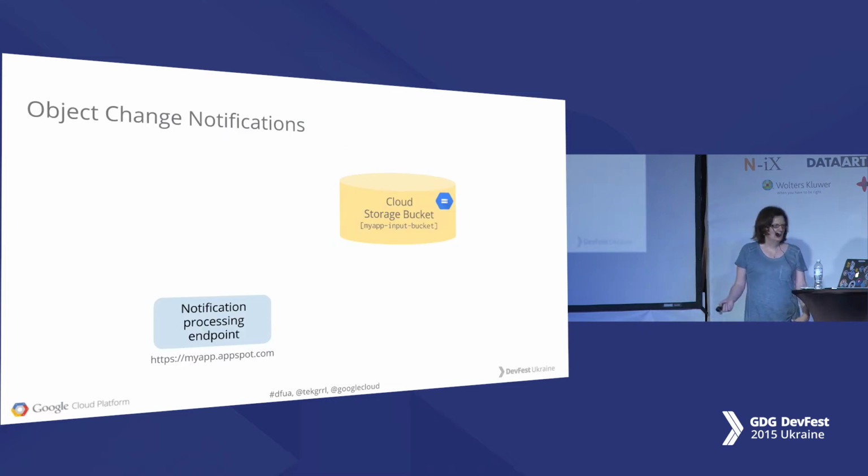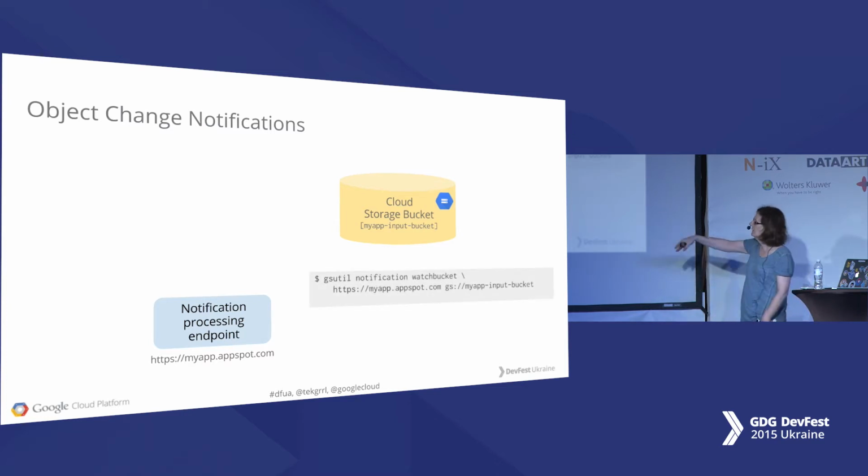And object change notifications are set up like this. So we have a cloud storage bucket, and we have an endpoint, an application that can receive webhooks, parameterized URLs. And what we need to do is wire the two up. So we can use a simple command, gsutil notification watch bucket, with the endpoint of the app that's going to receive the notification, and the input bucket.